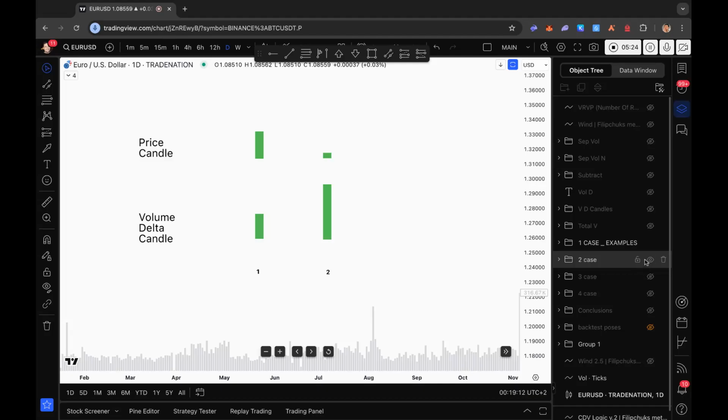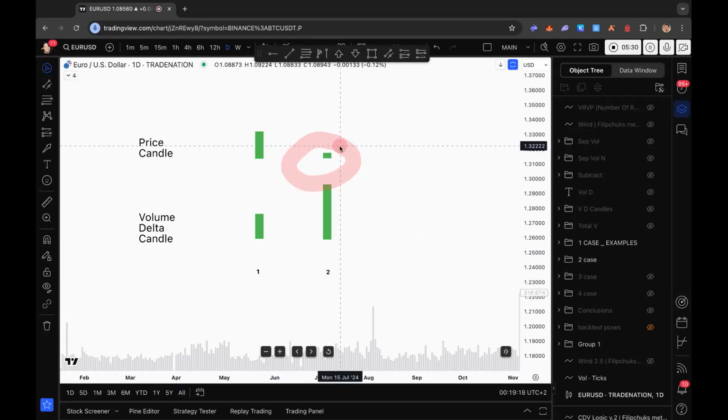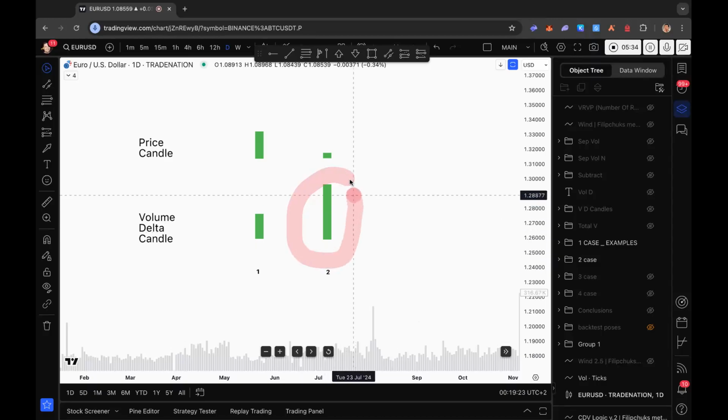The second case, the price didn't move or moved a little, but the masses moved strongly. What does this mean? It means that a situation has developed in the market where the masses have a very strong bias. In this case, it's a long bias.